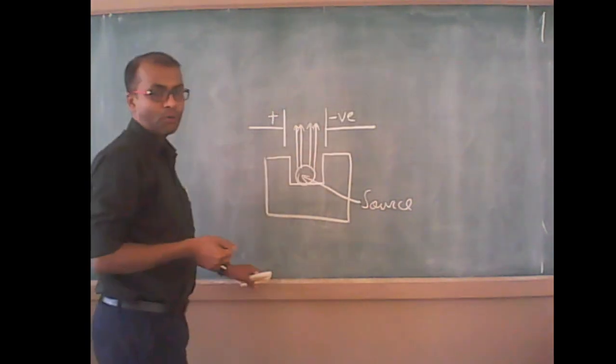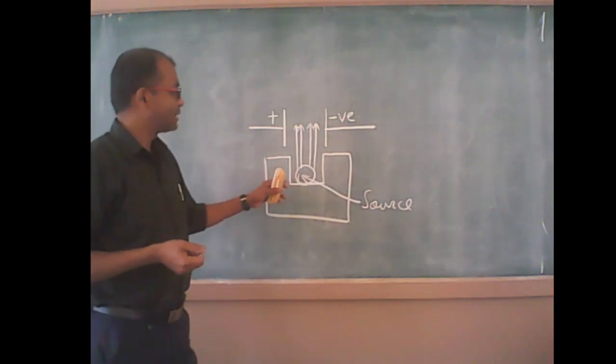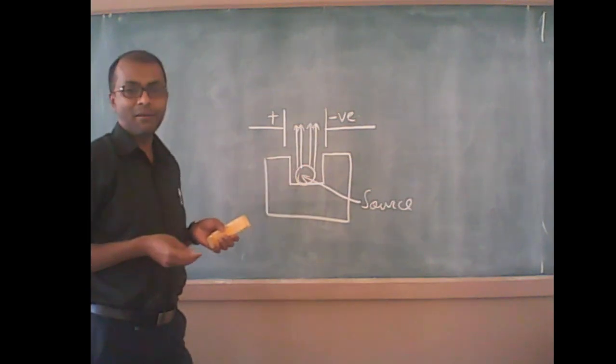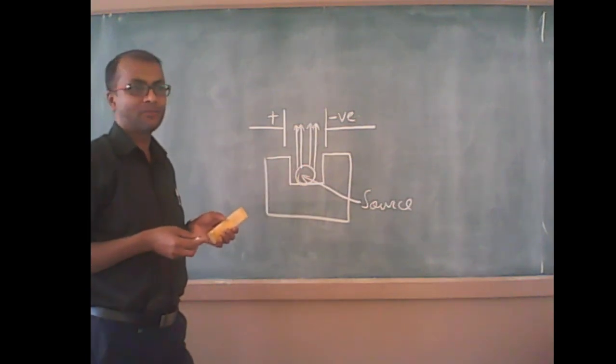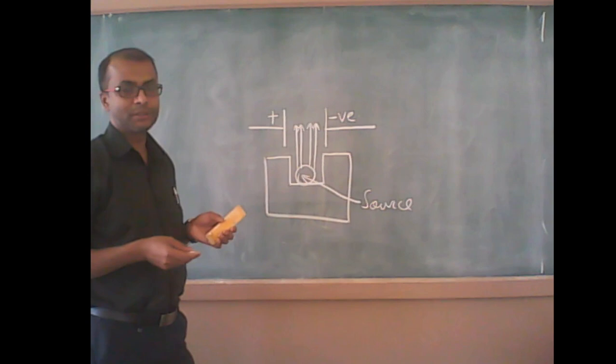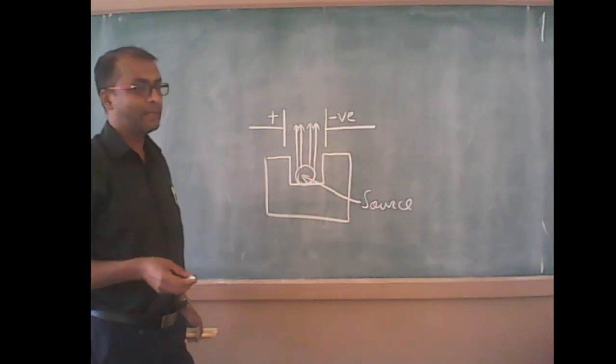So what was observed was that during this process of radioactivity, a radioactive substance can emit 3 kinds of particles or radiations. One which is deflected towards the positively charged plate, one which is deflected towards the negatively charged plate, and one which is not affected by the electric field.